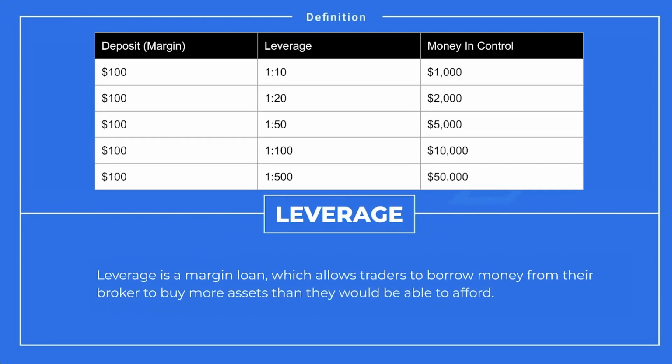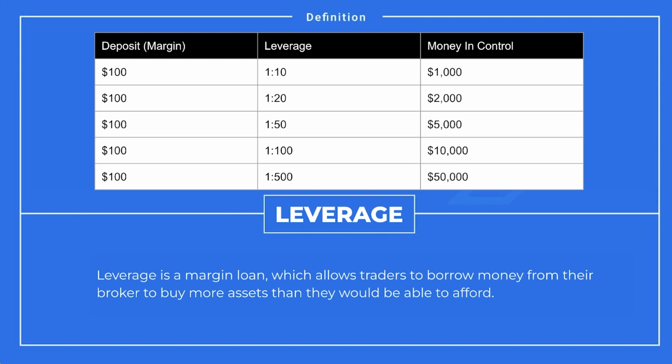All right, now leverage. Leverage is a double-edged sword, because when you open a live personal account, the leverage is a margin loan. You put in $100 and the broker loans you a certain amount of money so that you can trade with higher capital.